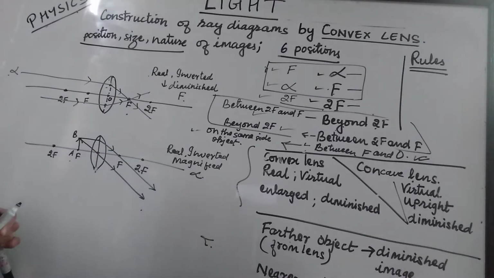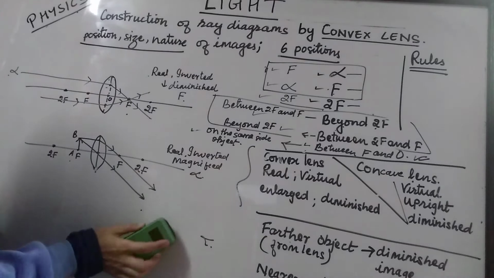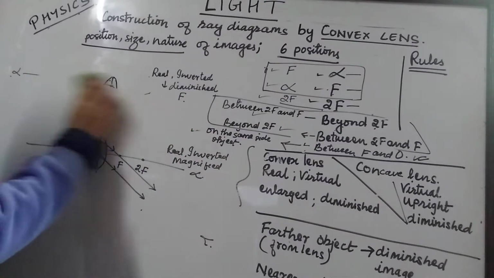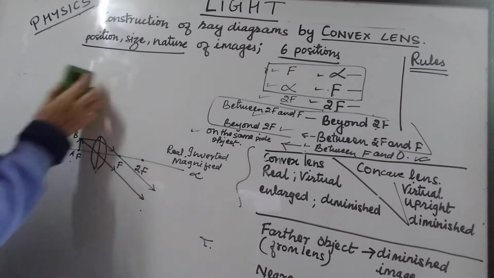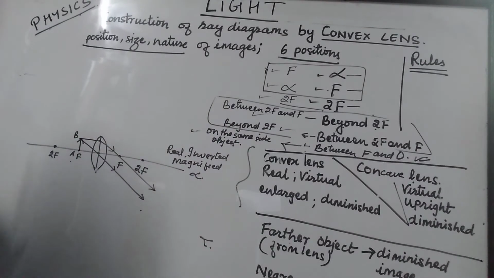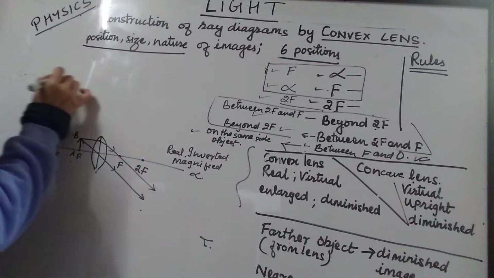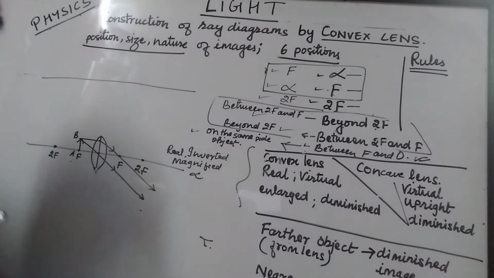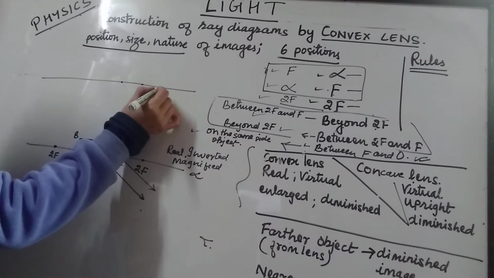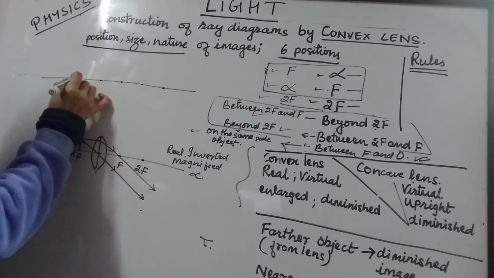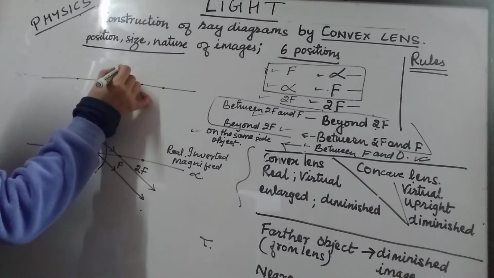Now next is 2F. When the object is placed at 2F, make a principal axis over here, and 5 positions on the principal axis, 1 2 3 4 5. These points should be equidistant from each other.